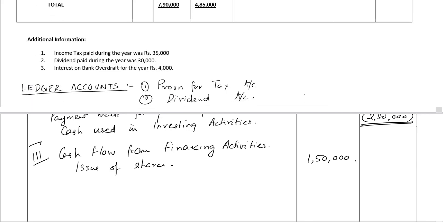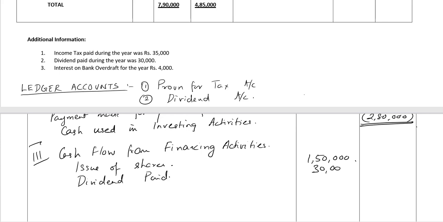In the additional information, we have dividend paid during the year was 30,000 rupees. So dividend paid 30,000 rupees. Interest on bank overdraft, the third item, rupees 4,000.